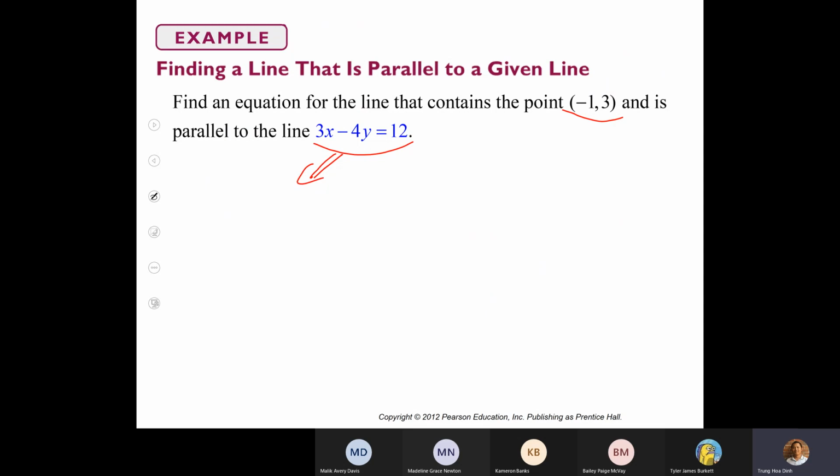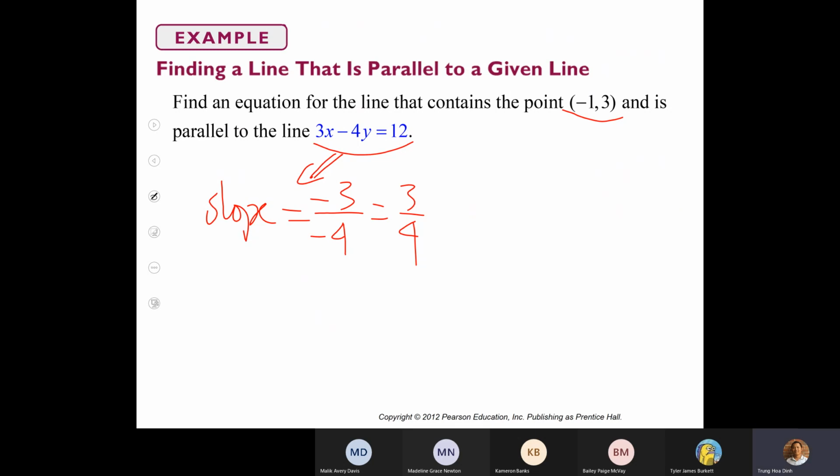Can you tell me please the slope of this one? It's -A over B, so -3 over -4, which is 3 over 4.